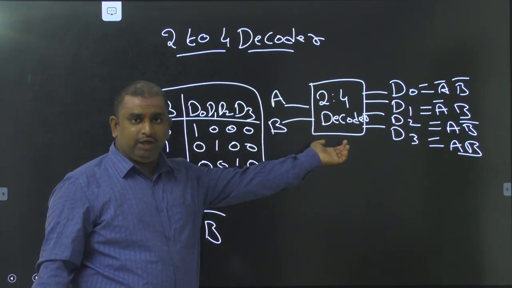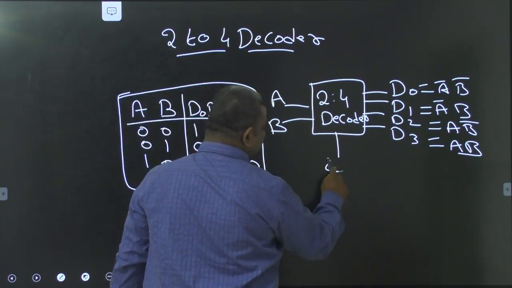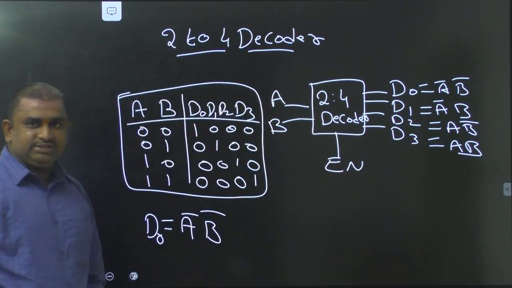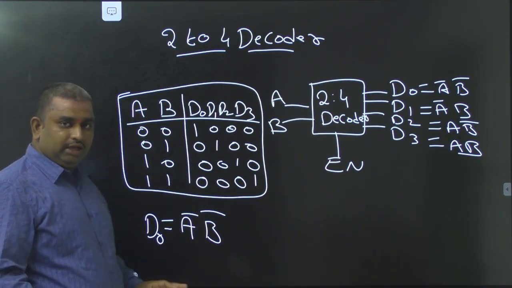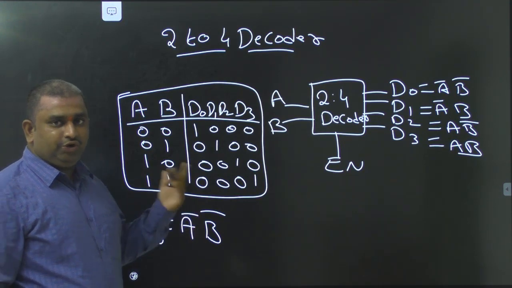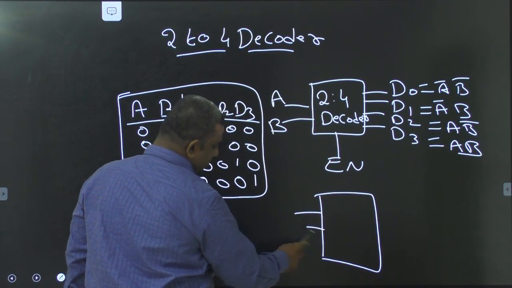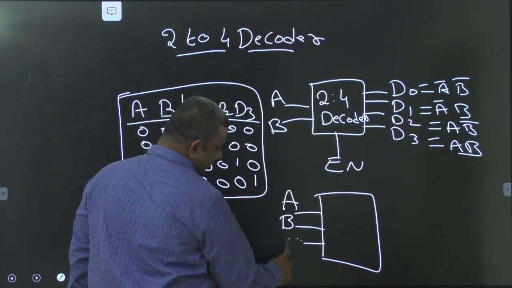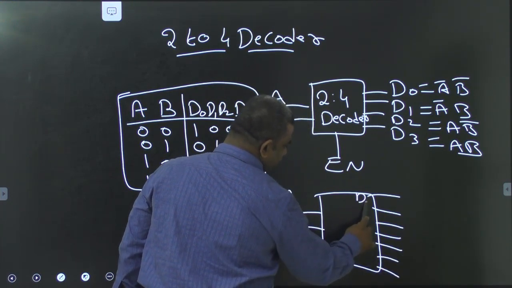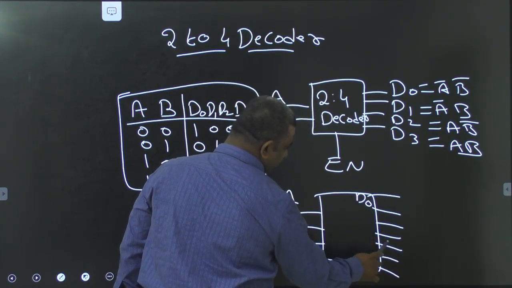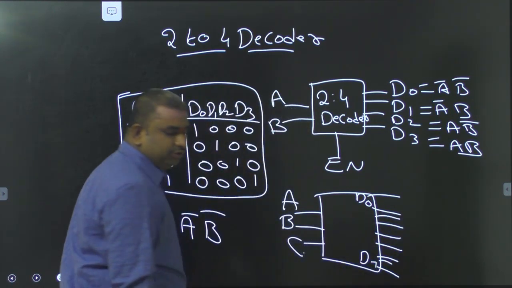If you take the decoder, internally it has AND gates, and it also has an enable signal. So this is the 2 to 4 decoder operation. Right. Now we will see the 3 to 8 decoder operation also. For 3 to 8 decoder, A, B, C, we have 3 inputs and outputs D0, D1, D2, D3, D4, D5, D6, D7.